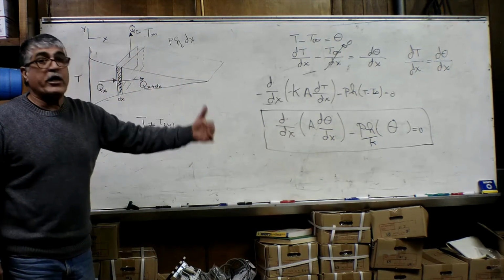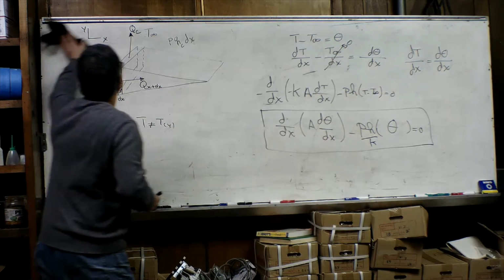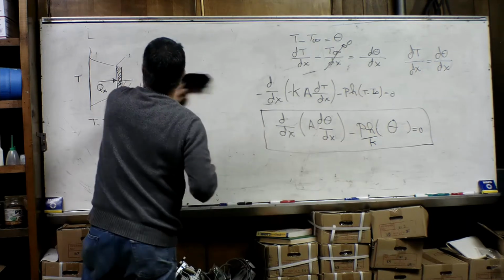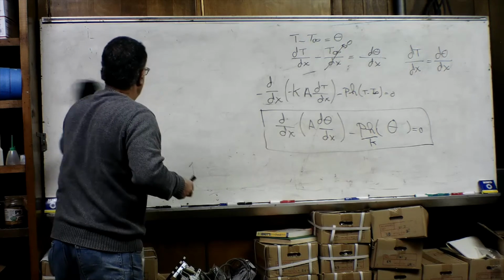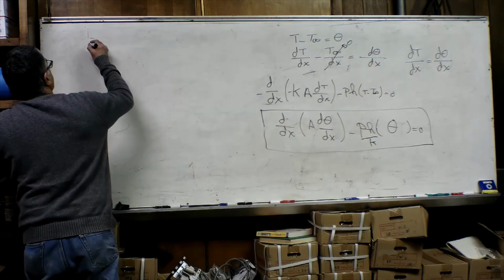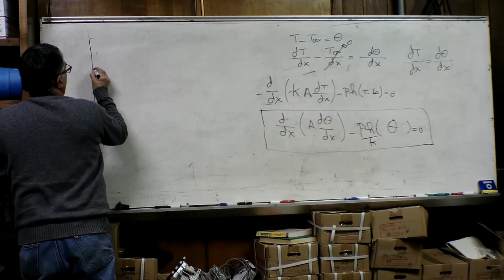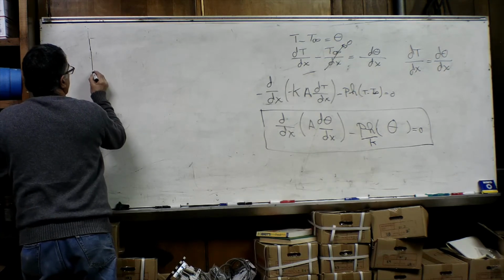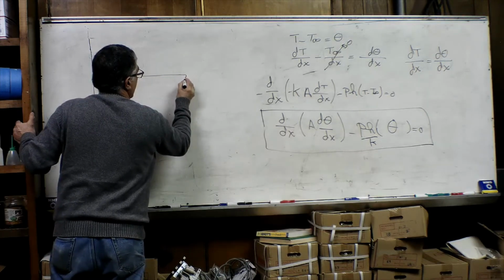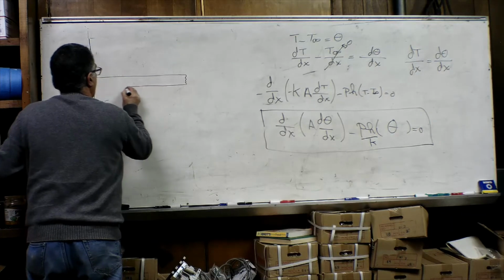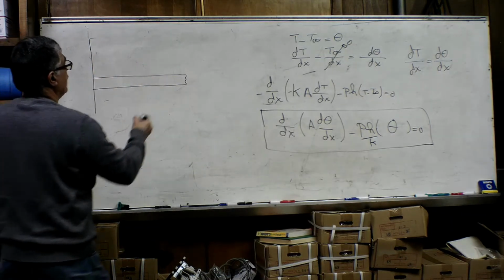Now we can apply a special case when our cross section is constant. So when our cross section is constant, that means the fin that we are assuming is constant, is uniform cross section.